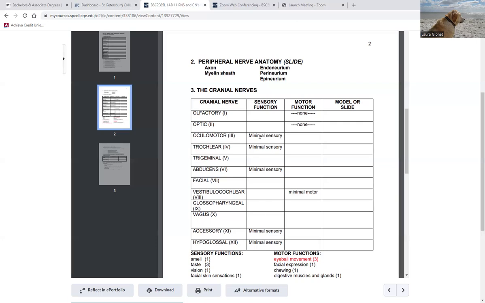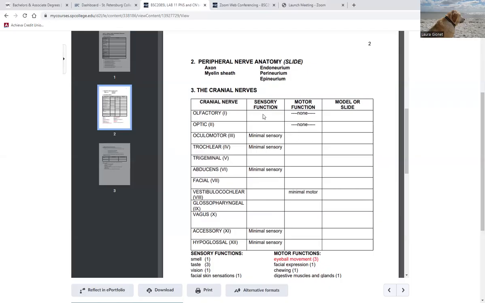So for things where we have minimal sensory here, don't worry about that. I'm not going to ask you about it. I'm just going to tell you. If your lecture teacher says that portion of the sensory for oculomotor is called proprioception, then you can write proprioception wherever you see minimal sensory. That will make it really consistent with your lecture class, but I don't ask about it because it's not testable.